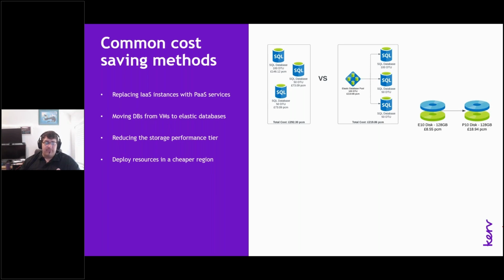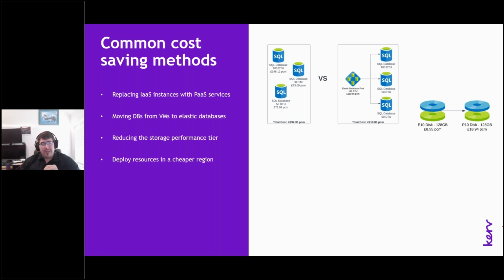Another common cost-saving method is just downgrading your storage performance tier. While some organizations may decide to run a P10 disk, premium disks across the board, you may find that some, again, testing databases or some light touch servers don't actually need a premium disk, don't need a premium SSD running. They could run just perfectly fine on a lower tier drive.